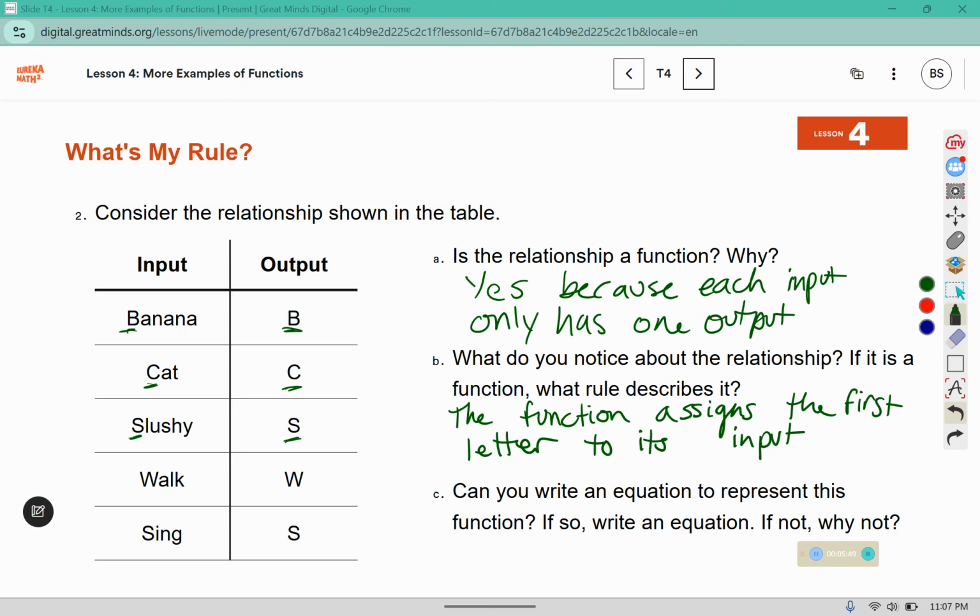Can you write an equation to represent this function? No. Why not? We can't write an equation because the inputs and outputs are not numerical.